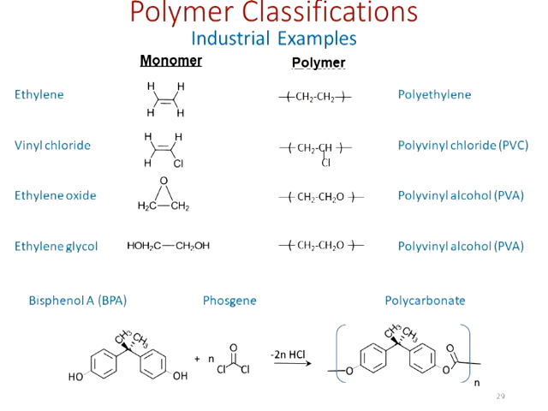Vinyl chloride is polymerized into polyvinyl chloride, or PVC. Ethylene oxide is polymerized into polyvinyl alcohol, PVA. Or we could take ethylene glycol and polymerize it into polyvinyl alcohol, PVA.